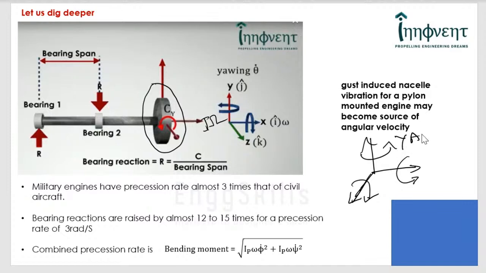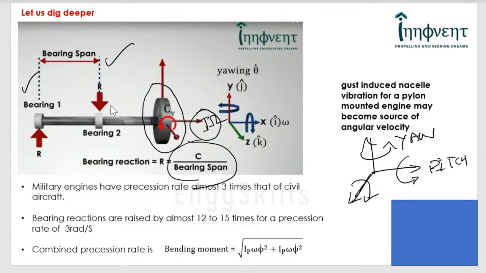So this is the yaw axis, this is the pitch axis, and whenever the aircraft yaws or pitches, this angular momentum of the rotor does change direction, and as a consequence you have a gyrocouple.